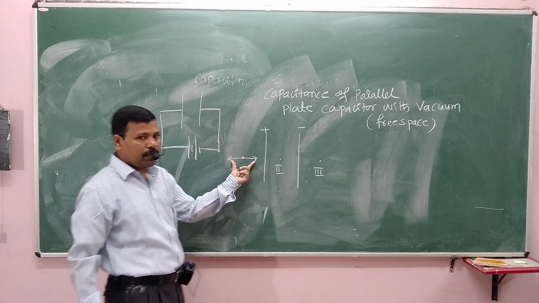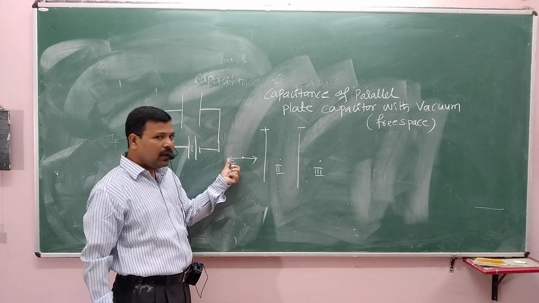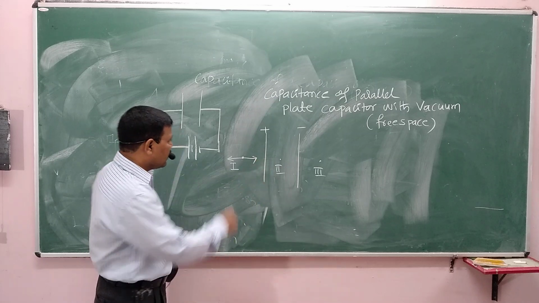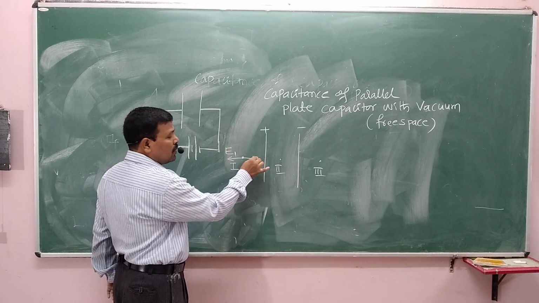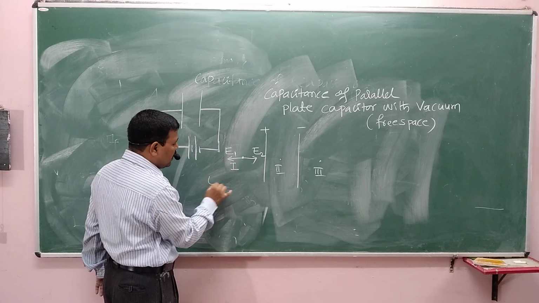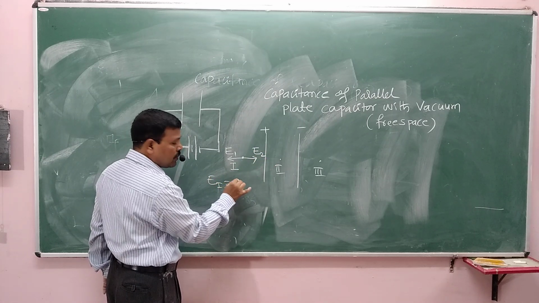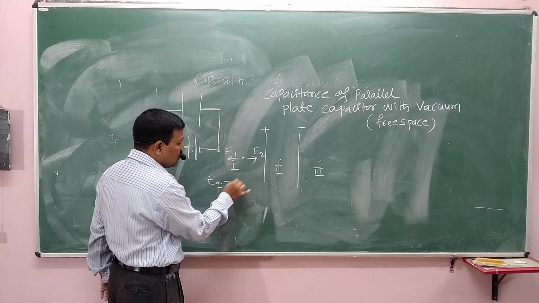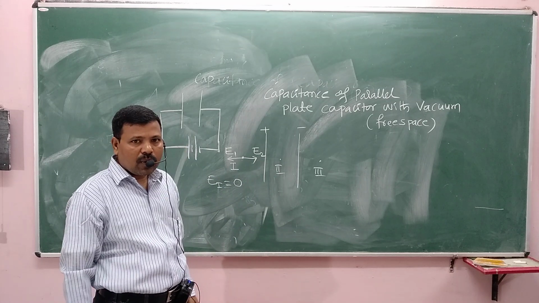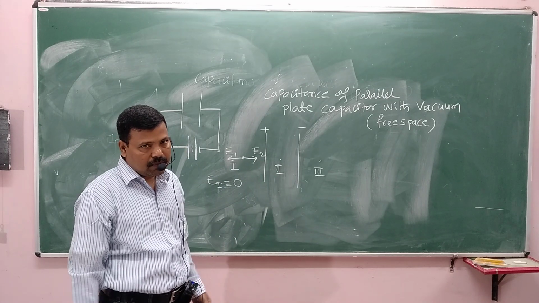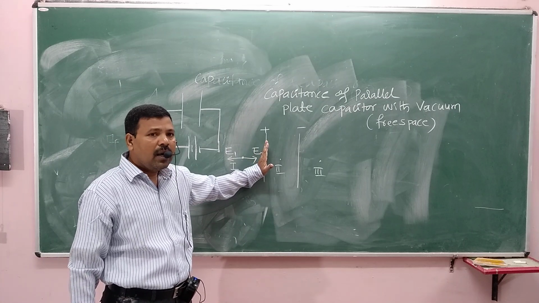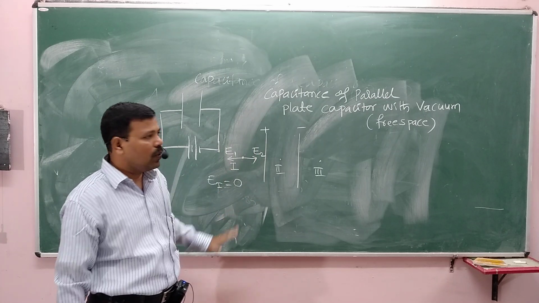So here also, this is electric field due to positive. This is electric field due to negative. This one I call E1. This one I call E2. So in the first region, E will be equal to 0, because they are equal and opposite, they get cancelled. Hence the net electric field in the first region is 0.